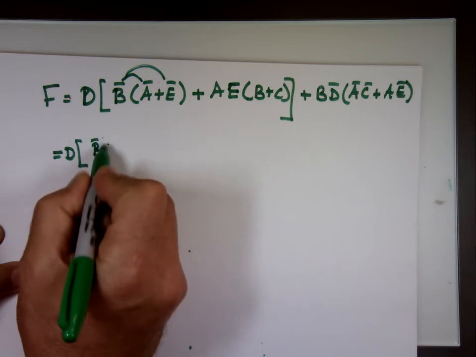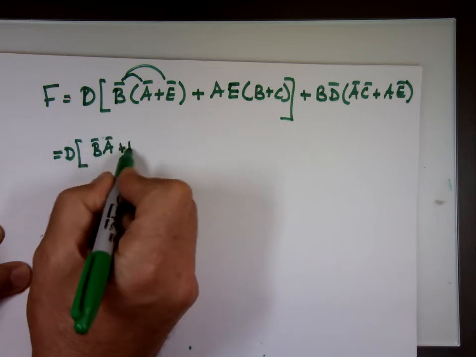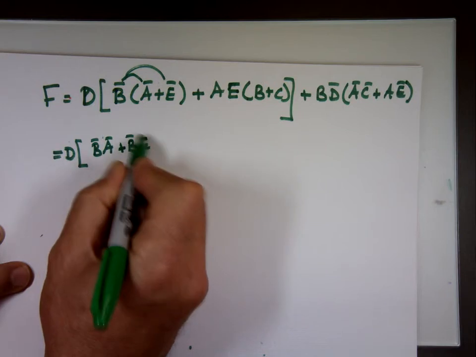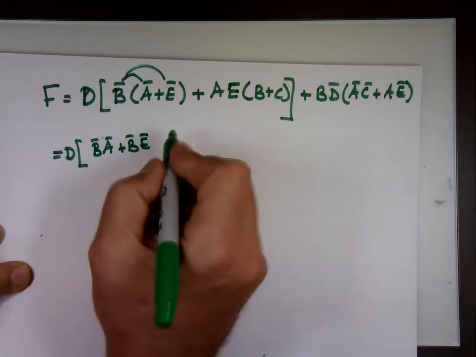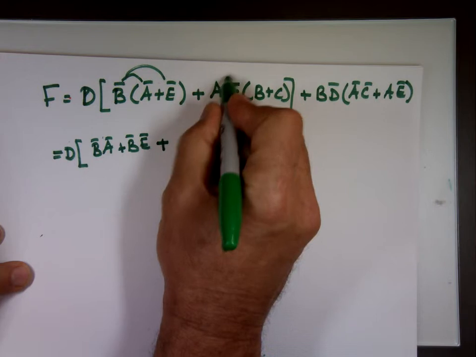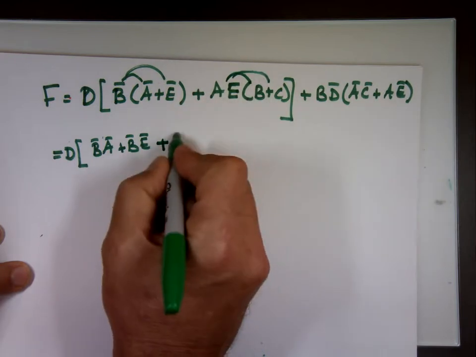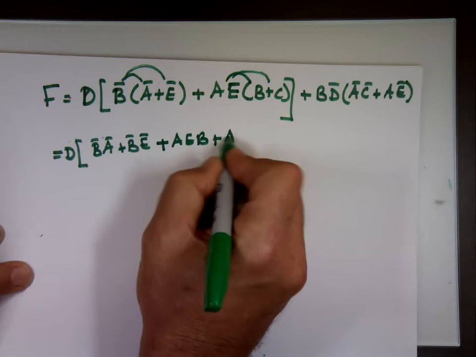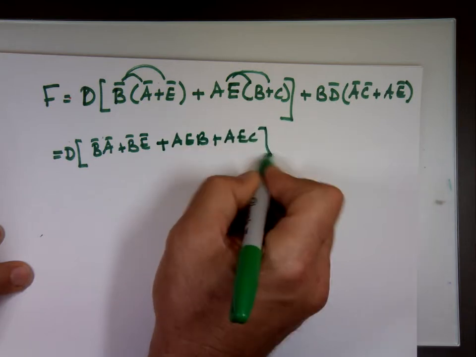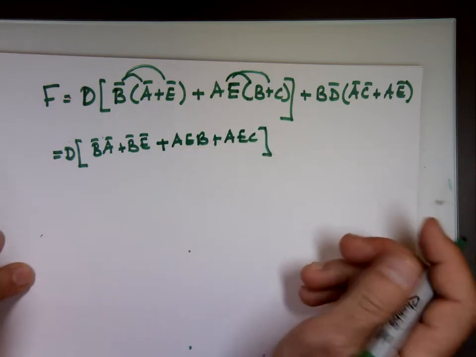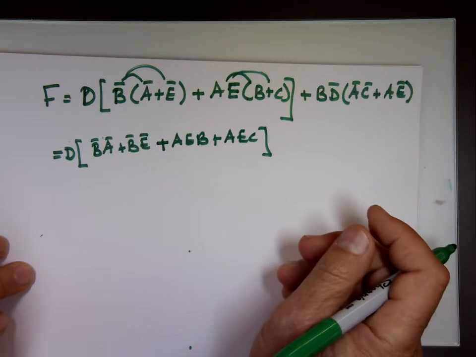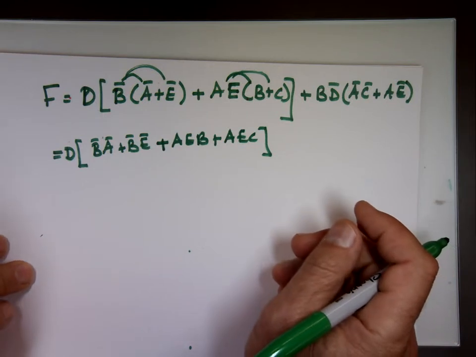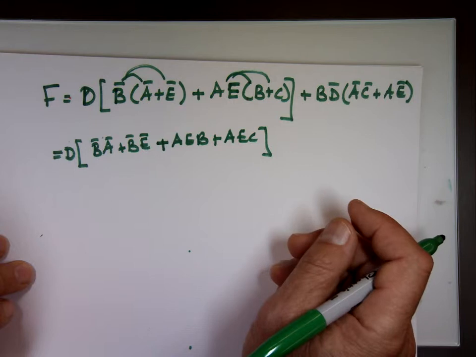What do we have? B bar, A bar, plus B bar, E bar, right? Plus distributive property here, AEB, plus AEC. If I can simplify it, I'm going to try to simplify it right now.